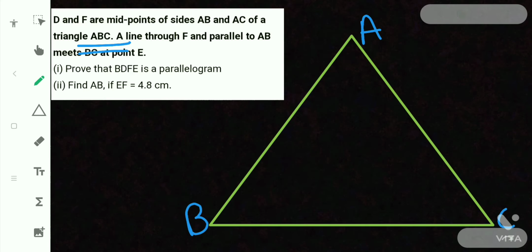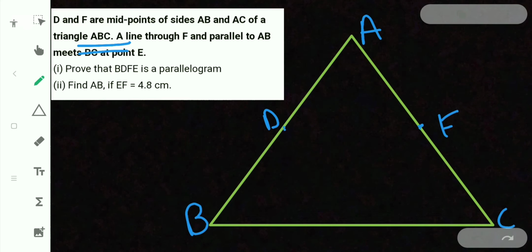This is the midpoint D of AB, and F is the midpoint of AC. Now a line through F and parallel to AB.